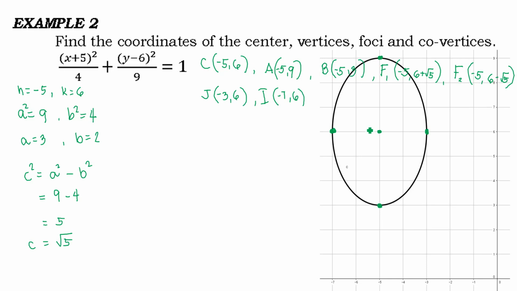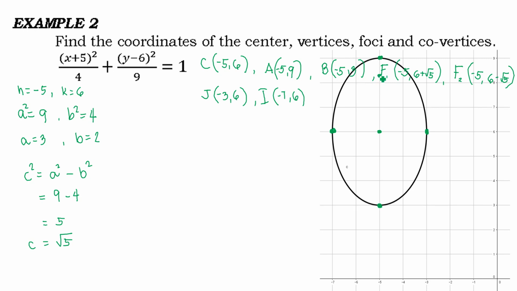So, ayan. Then, our foci would be negative 5, 6 plus the square root of 5. That is approximately 8.24. Something ganun. So, 8.24, somewhere here.